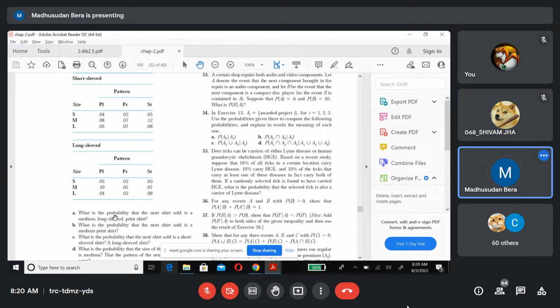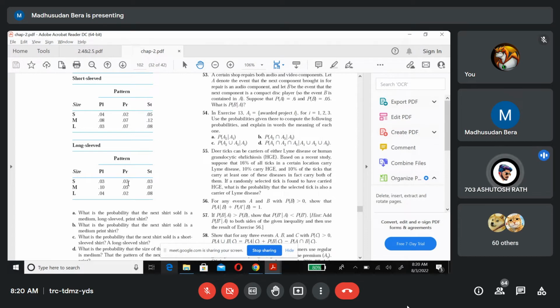Sorry, medium, long sleeved. Long sleeved is here, so medium, long sleeved is in this row only. Then printed. So the value is 0.05. Is that okay? Part A.